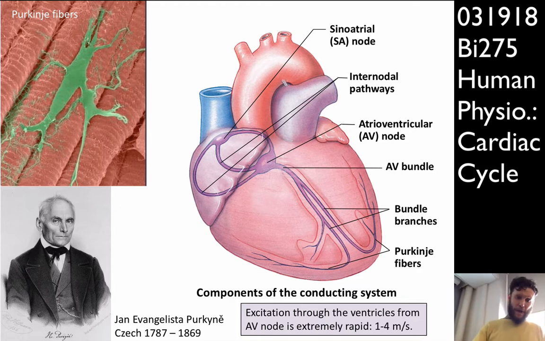All of this was first mapped out in the mid 19th century by this famous guy here, Jan Evangelista Purkinje, a Czech scientist who was apparently so famous that he corresponded with colleagues in India and Asia, and the only address they needed to write on the letter was just his name and Europe.